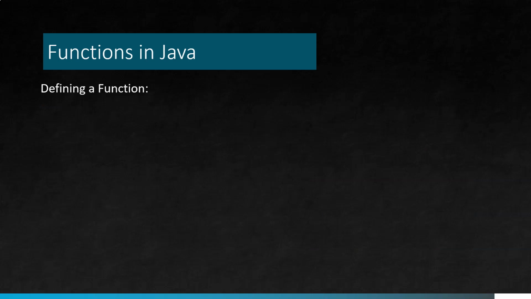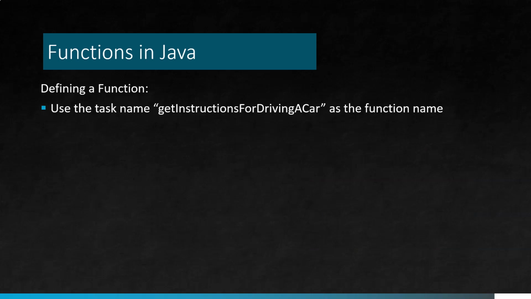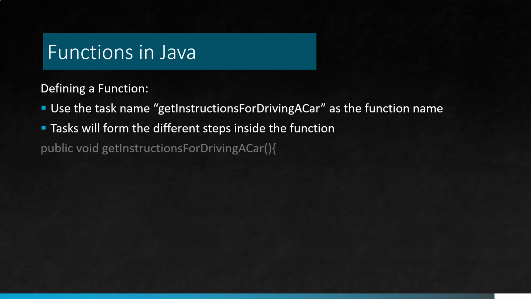So how do you define a function? We can take the example of getting instructions for driving a car, and use that task name as our function name. All the steps inside the task will form a function, and we can define it by mentioning public void and then the function name followed by parentheses and then the curly braces.